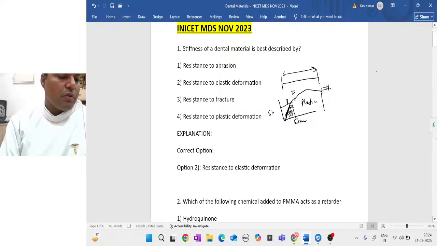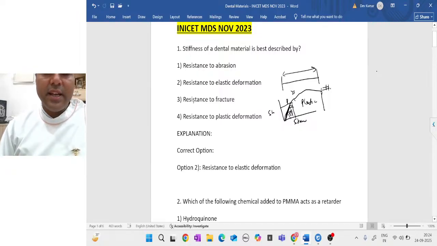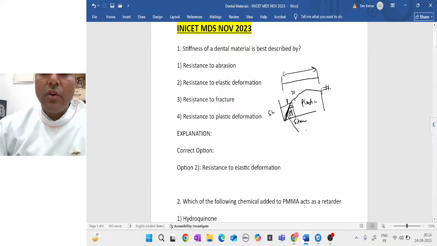Okay, so I am talking about the elastic region. When we are talking about the elastic region, that means we are talking about stiffness. The measure of stiffness or rigidity is your Young's modulus, or the modulus of elasticity.